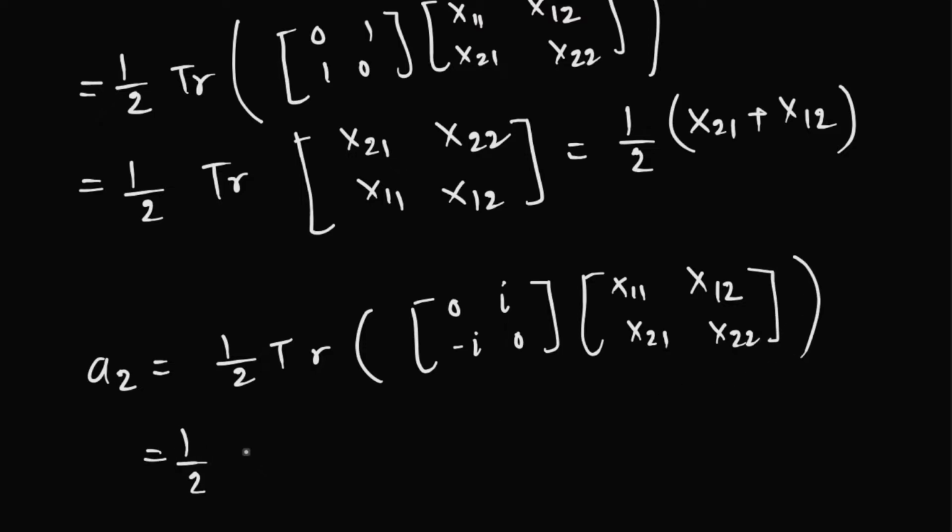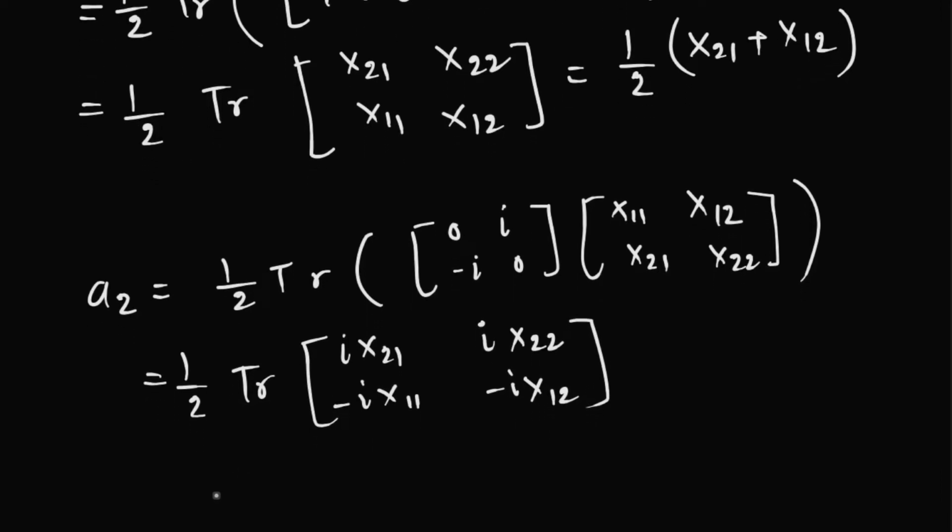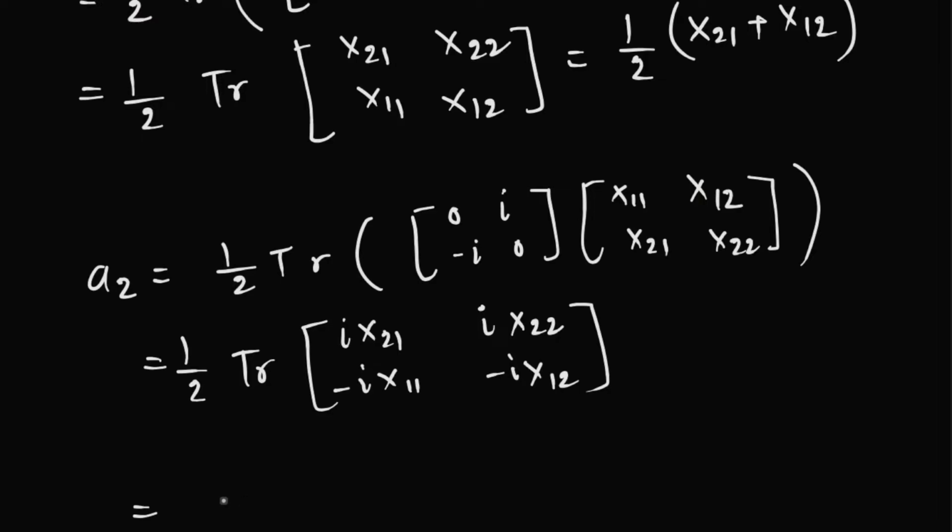That is half trace of 0 into x11 is 0, I x21, 0, I x22, minus I x11, minus I x12. Trace, that is I by 2 times x21 minus x12.